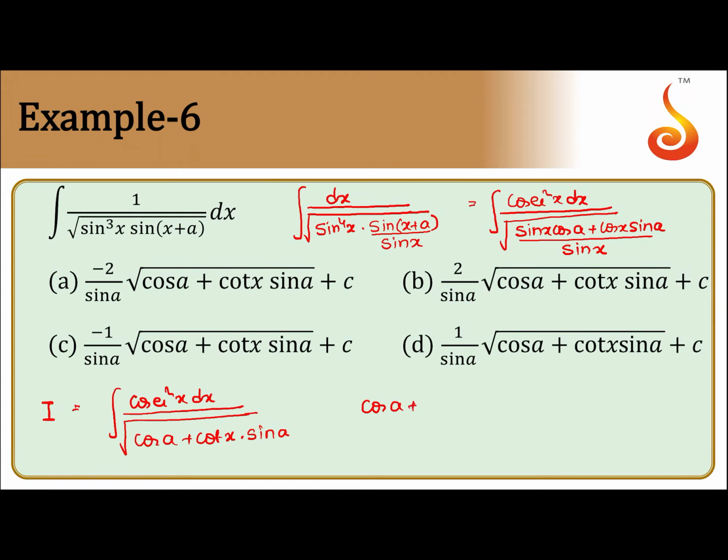Now we substitute cos a plus cot x into sine a is equal to t square. Whenever root is there, it is always advisable to take t square. Cube root is there, t cube. So what we get?